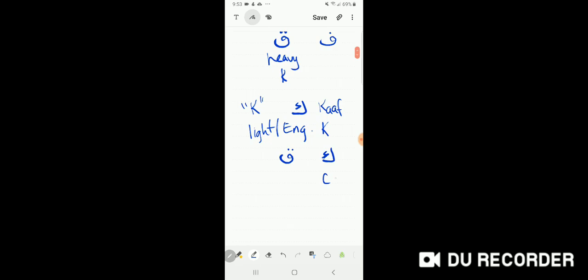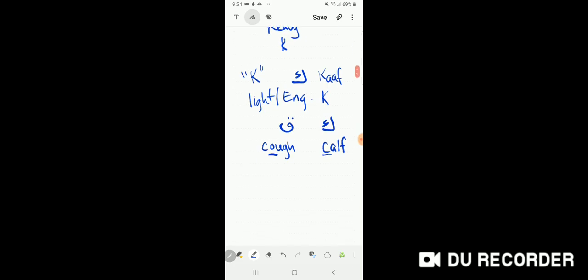Kaf like a baby calf, or a cat. And qaf, it's not the same as the C in cat because it's a heavier sound, but at least the heaviness is there in terms of the vowel, the ah sound. Qa, ka, qa, ka, qa.